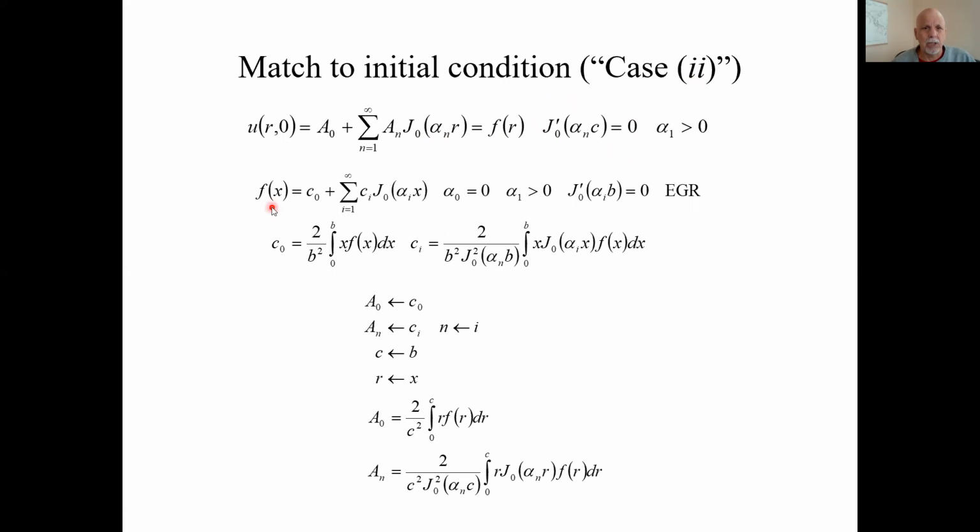It says, here's how you expand such a function. Here's the expansion. And here's what those coefficients are. We get that all from Fourier-Bessel series, which we talked about a little bit earlier.